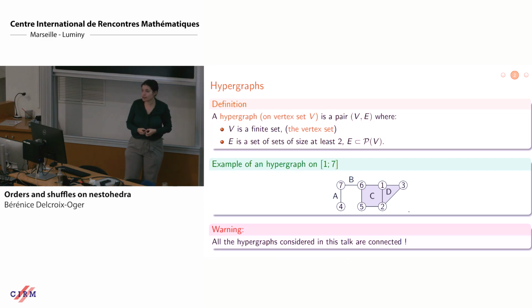A hypergraph is just like a graph, but edges are not only between two vertices, they are between 3, 4, a set of vertices of cardinality at least 2. So here, for instance, you have a hypergraph, and there is an edge C of cardinality 4 with 1, 2, 5, 6 in the edge C, and so on and so forth. In this talk, all the hypergraphs I consider are connected.